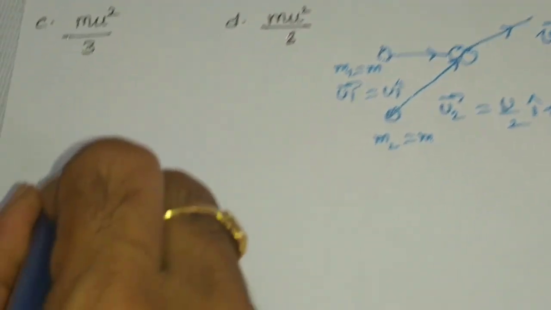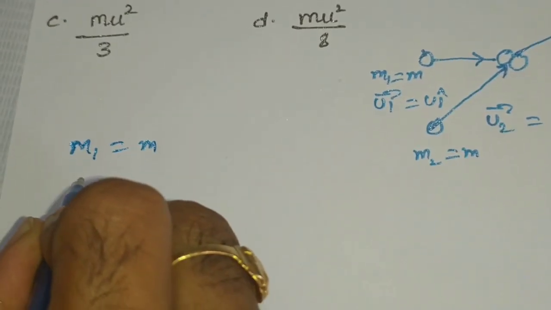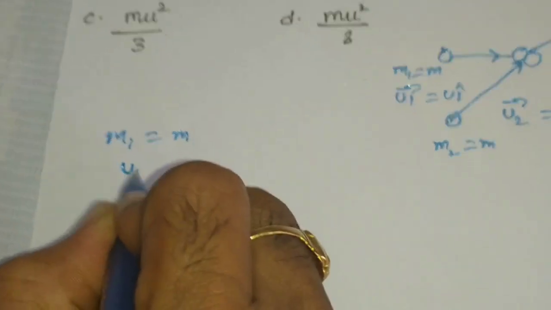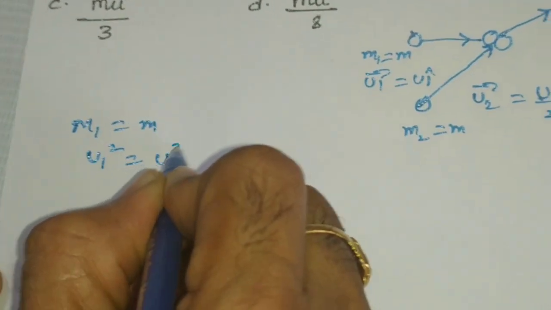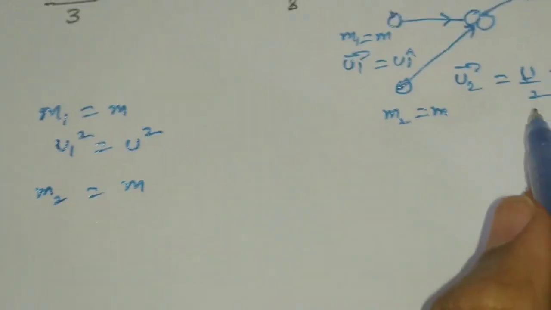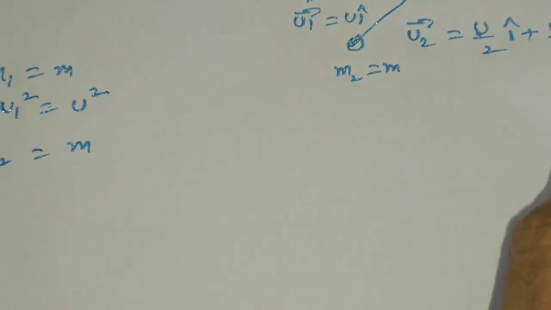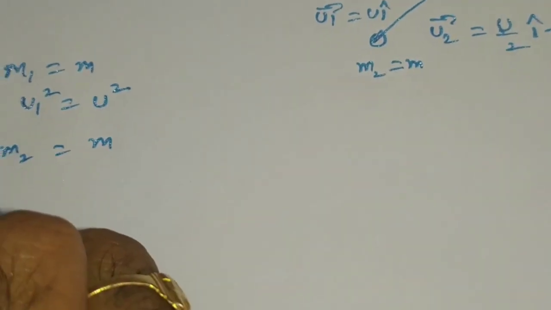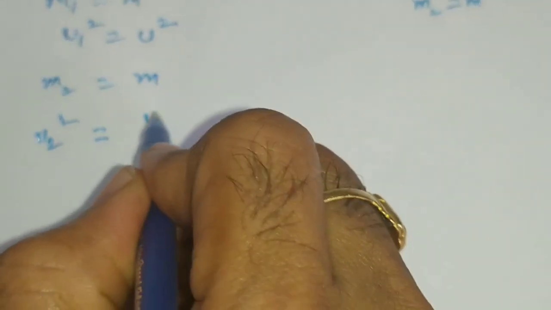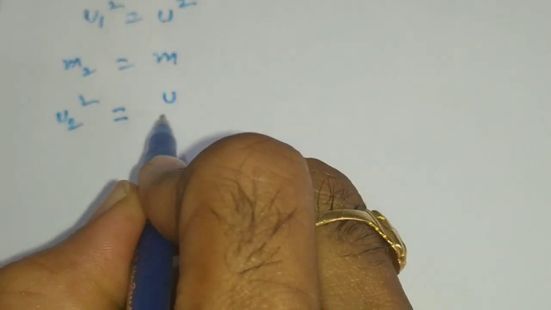So first body, once again, first body m1 is equal to m, having magnitude of velocity u1 is equal to u, so u1 square is equal to u square. Second body m2 also equal to m, having velocity vector like this, u by 2 i cap plus u by 2 j cap. From this, u2 square is equal to u by 2 whole square plus u by 2 whole square, square of magnitude of second body velocity.